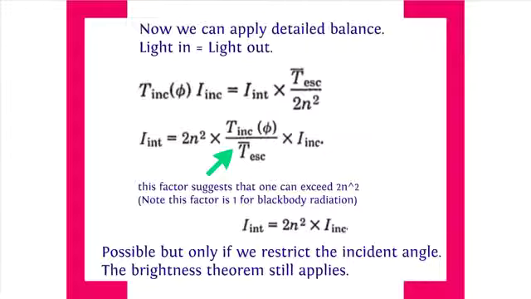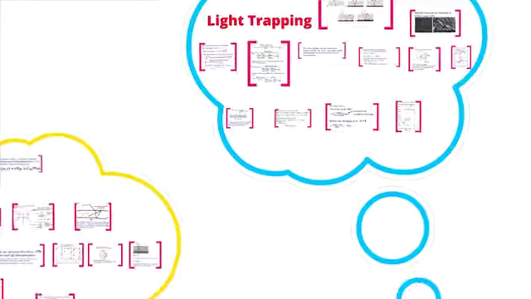It's not exactly equivalent, but it's analogous to what we talked about in CPC. The brightness theorem still applies. It's not so important for us because we didn't really talk about the brightness theorem, but if you're familiar with it, it's important.